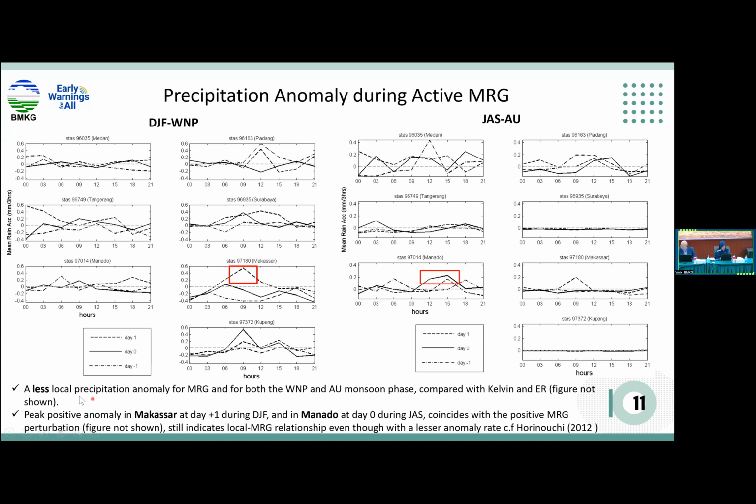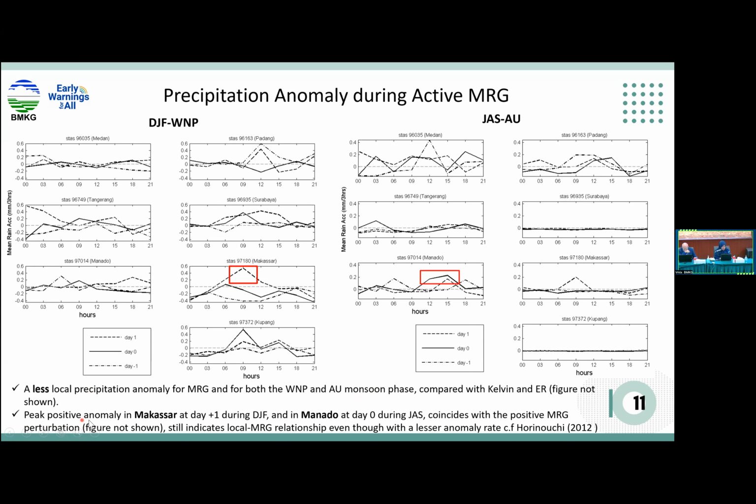So we can conclude there is less local precipitation anomaly for the MRG wave in both the West North Pacific and Australian monsoon phases, or boreal winter and boreal summer, compared with Kelvin and equatorial Rossby. So it has less significant influence compared with Kelvin and equatorial Rossby.